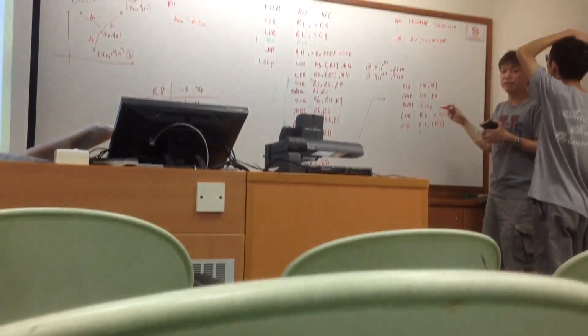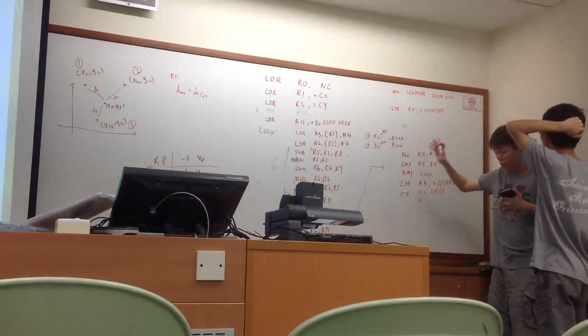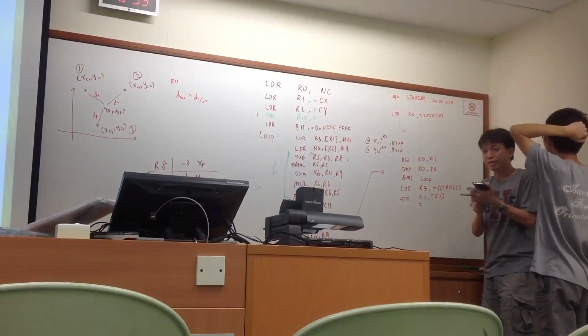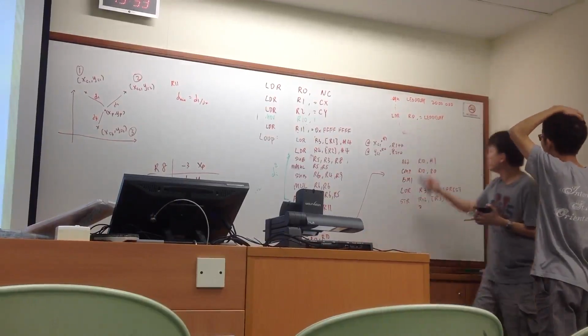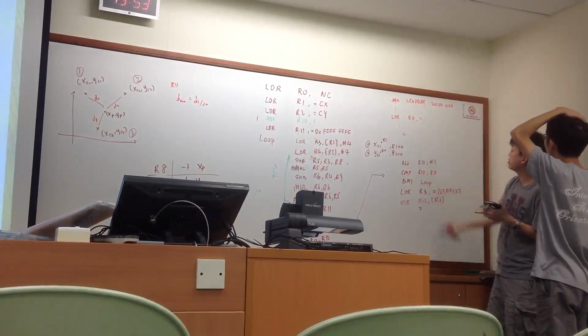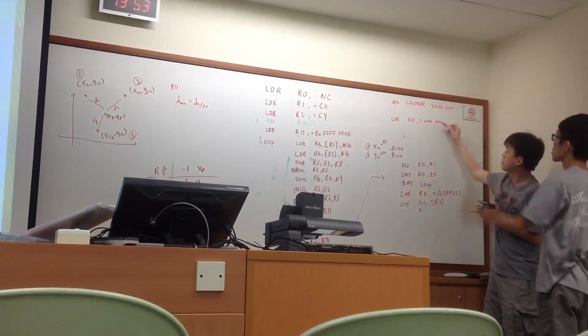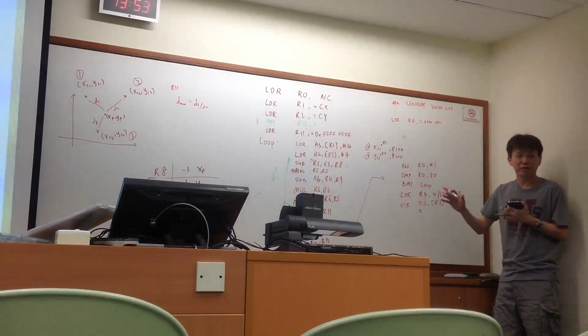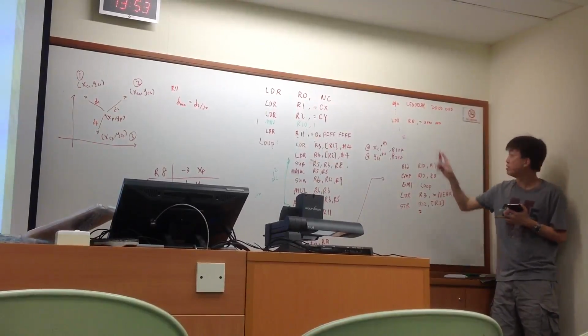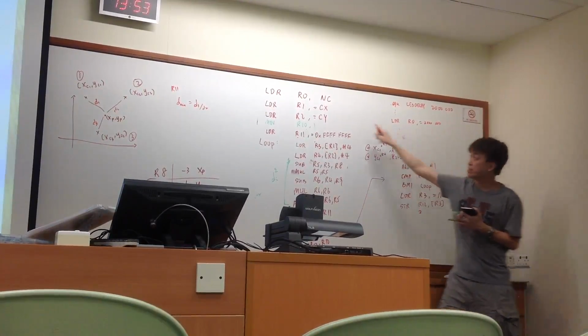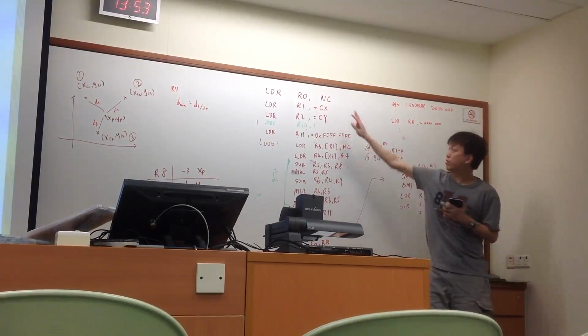You write this, then you go and compile it. When you are compiling your program, the compiler will replace this one directly before you run it. When you compile it, they will replace the number. This one, no. This one will keep it there.